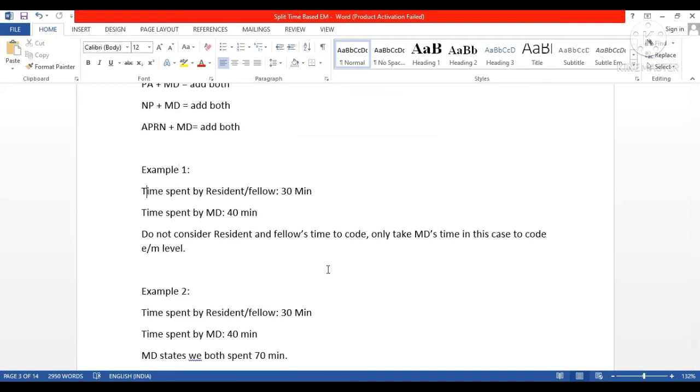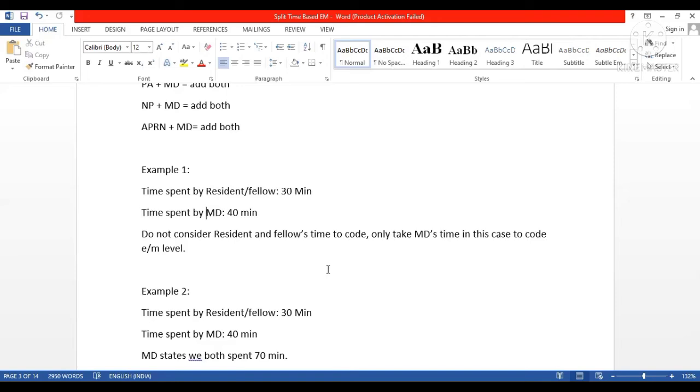For example, time spent by resident and fellow. If we have a chart where a resident or fellow is also involved and working with the MD, and the resident and fellow mention that they spent 30 minutes, and time is spent by the MD as well. At the bottom of the report, the MD mentioned that I have seen and examined the patient, and spent 40 minutes during this visit.